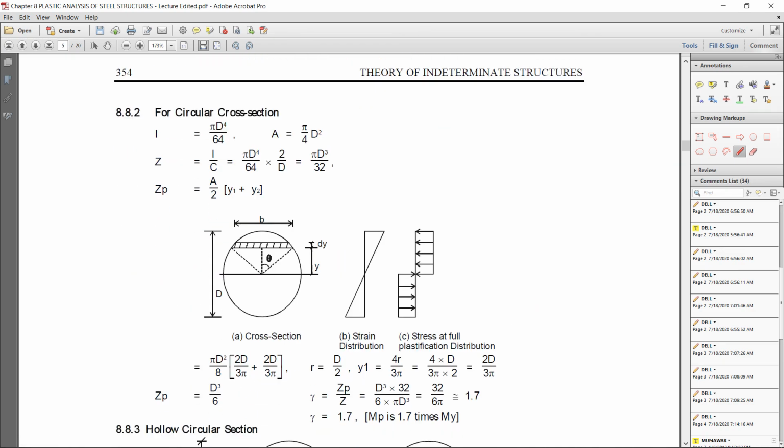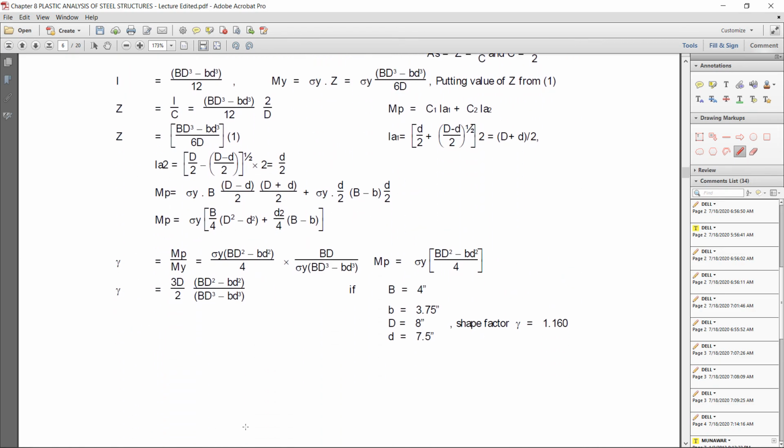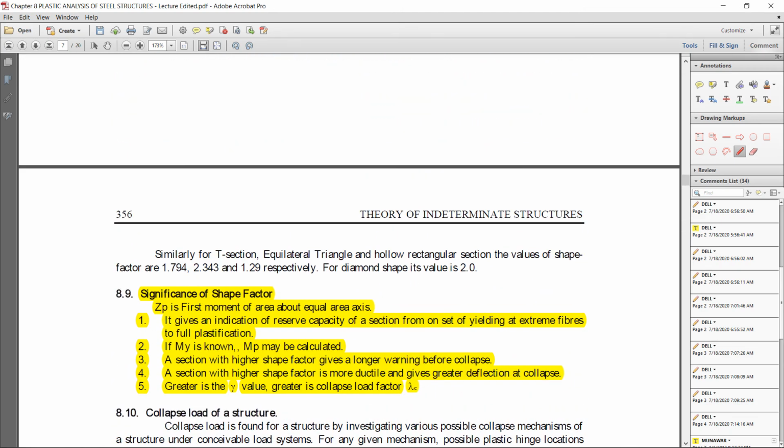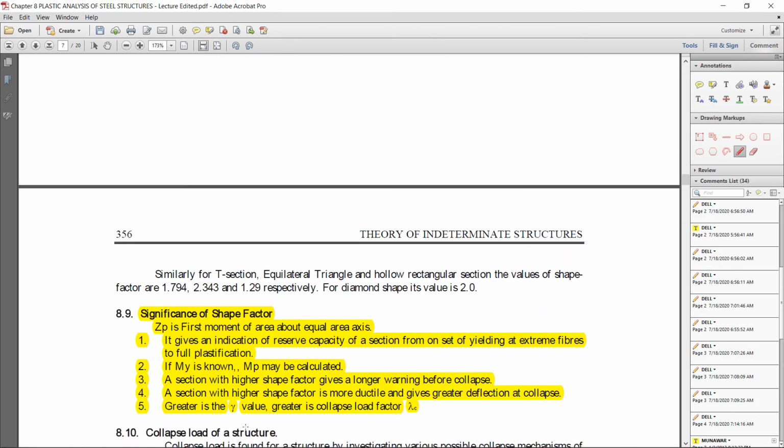What does it mean? What is the benefit of the shape factor we got for the rectangular section, 1.5? That is the significance of shape factor. It gives an indication of the reserve capacity of a section from the onset of yielding at the extreme fibers to full plastification. It means how much more load the section can take before going to full plastification.